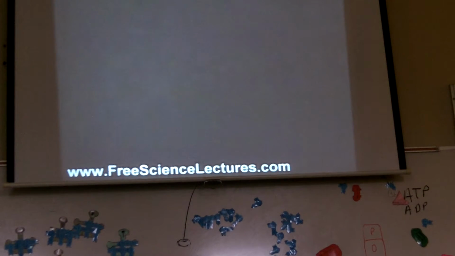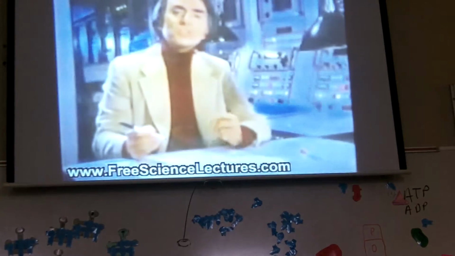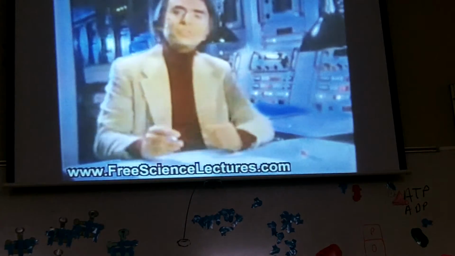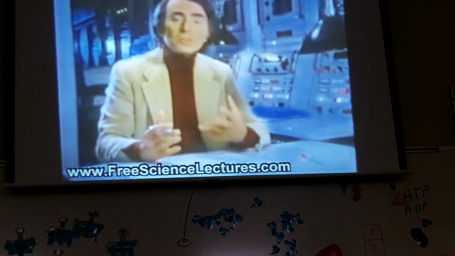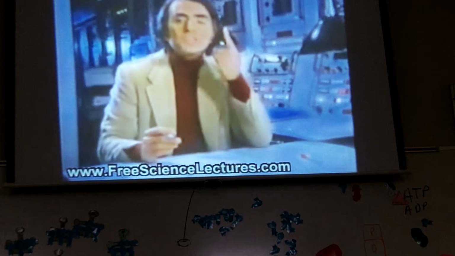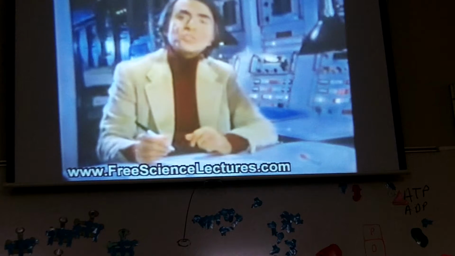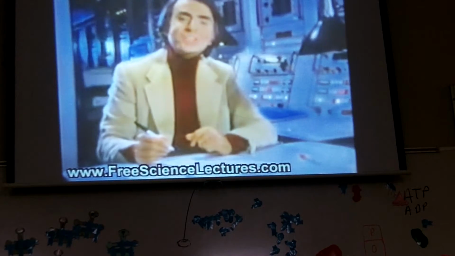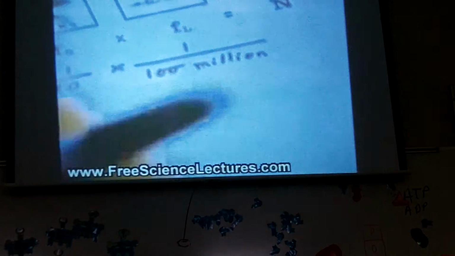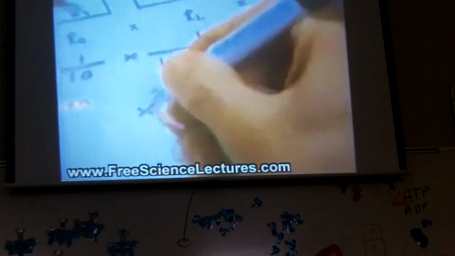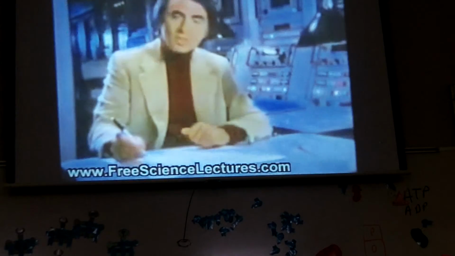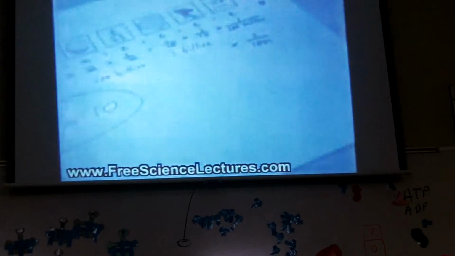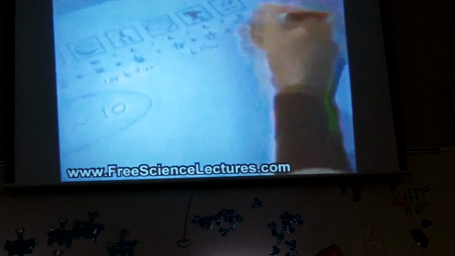But consider the alternative, that occasionally civilizations learn to live with high technology and survive for geological or stellar evolutionary timescales. If only 1% of civilizations can survive technological adolescence, then F sub big L would be not 100 millionth, but only 100th. And then the number of civilizations would be 1 billion times 100.